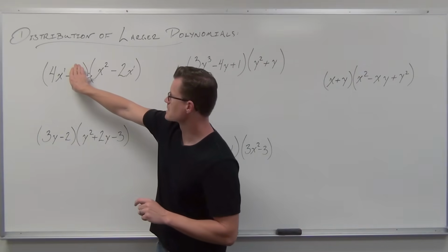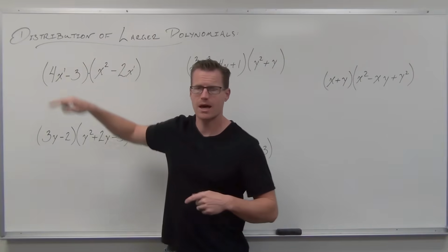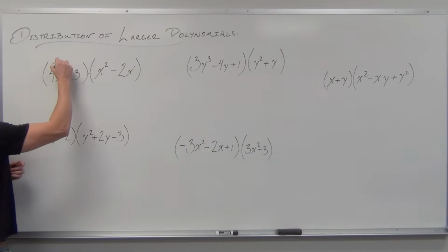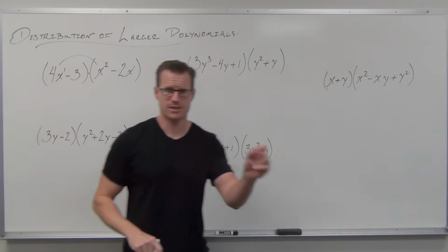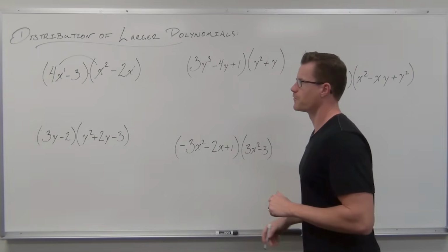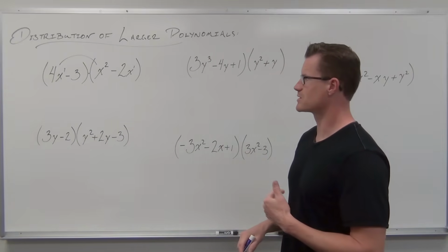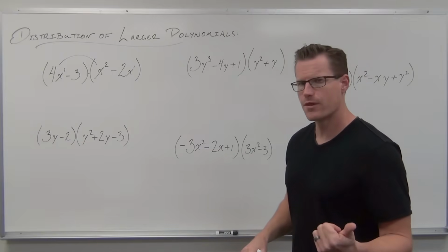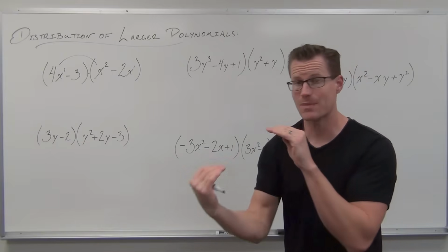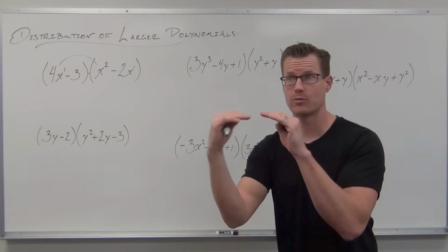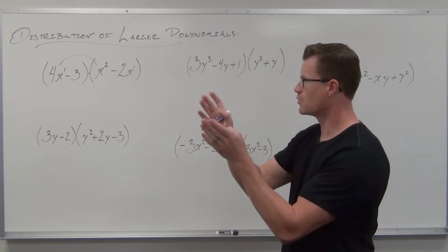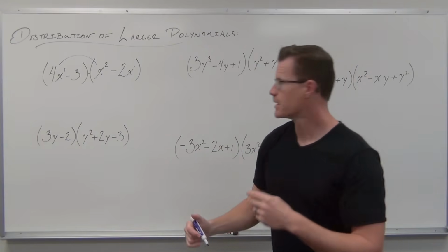I'm going to treat this as a monomial, just 4x to the first. And I'm going to multiply that monomial times every other term in the second polynomial. So I'm looking at 4x to the first times x to the second. Notice how writing that 1 there is allowing me to really see my exponent rules take place. So one level below multiplication is addition. I'm seeing 1 and 2, I'm going to be getting 3.